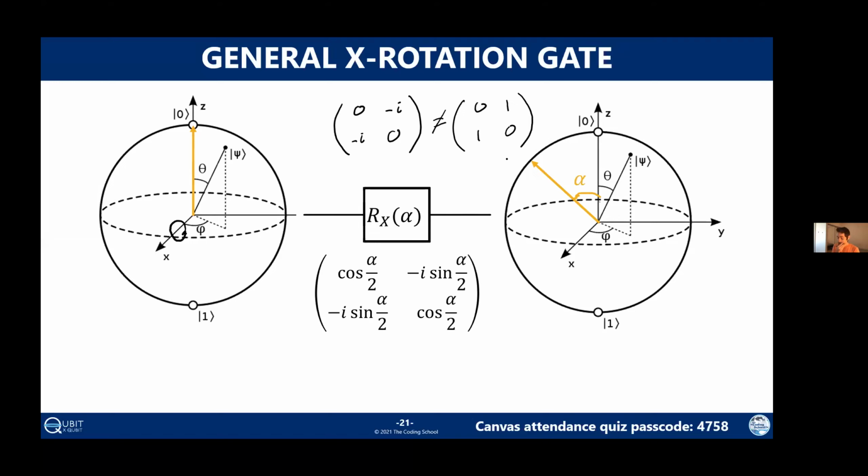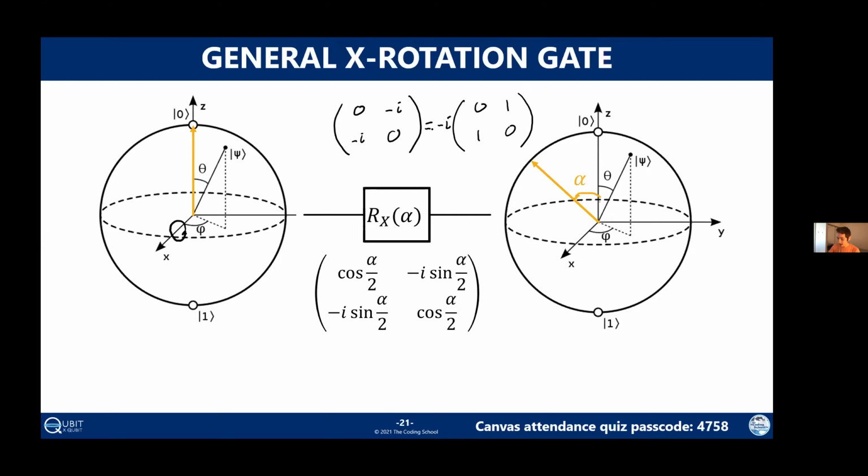Now, this is actually okay, but it does require just a bit more explanation because the difference here is only a global phase. These things are related by a global phase, and so it doesn't actually matter. Again, global phases in quantum computing don't matter.